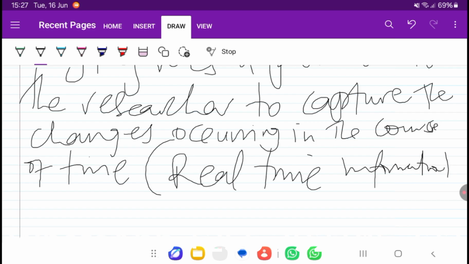For example, if I've typed a questionnaire and sent it for the respondent to give me their response or their thoughts about any given topic, these people may take a long time to respond, or the questionnaires may take long to reach the respondent.